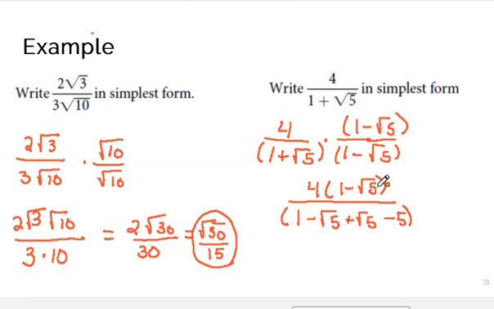Okay, so now we're going to simplify this even more. Here we can distribute our 4. We can leave it alone if we want as well. It doesn't matter, but I'll go ahead and distribute my 4. So 4 times 1 is 4. 4 times negative square root of 5 is negative 4 square root of 5. And in our denominator, we have a 1, the negative square root of 5 and positive square root of 5, they cancel out, so that's great. And we're left with minus 5.